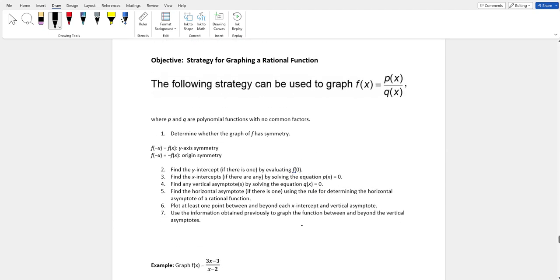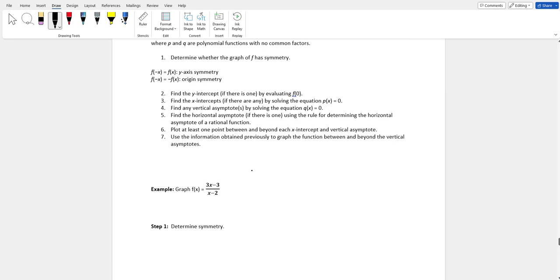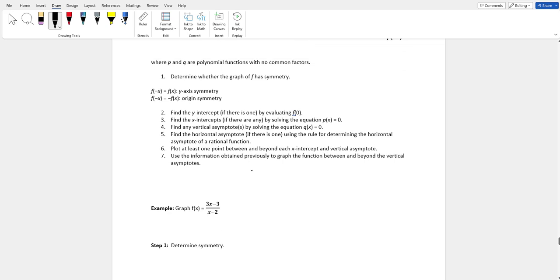Now let's talk about the strategy for graphing a rational function. I don't expect you to graph these by hand. I do expect you to use the Desmos calculator to help you get a sense of what the graph should look like. But these are the steps that you should follow. We're going to determine whether or not the graph is symmetric about the y-axis or the origin.